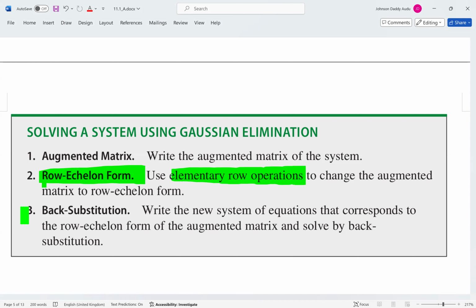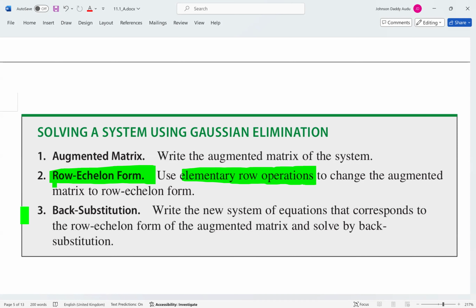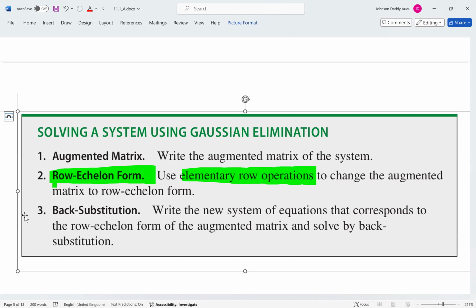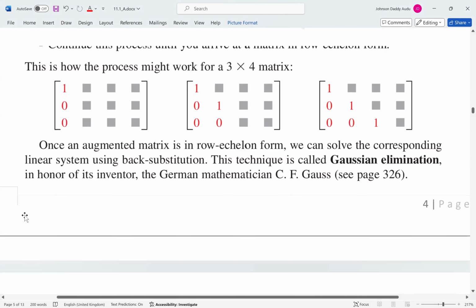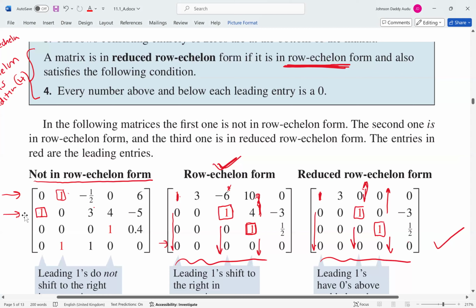Now, let's talk a little bit about the elementary row operations. These are the operations that can be applied to a matrix in order to convert a matrix which is not in echelon form to become a matrix in echelon form. There are only three operations that we can use.